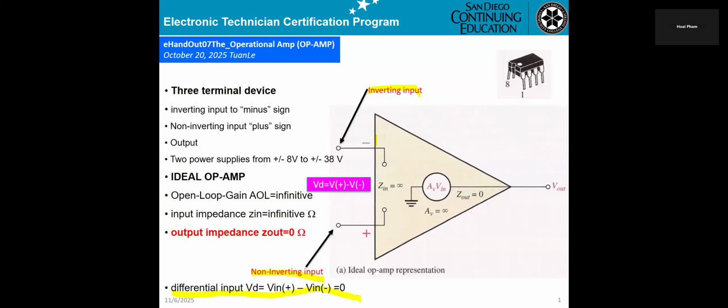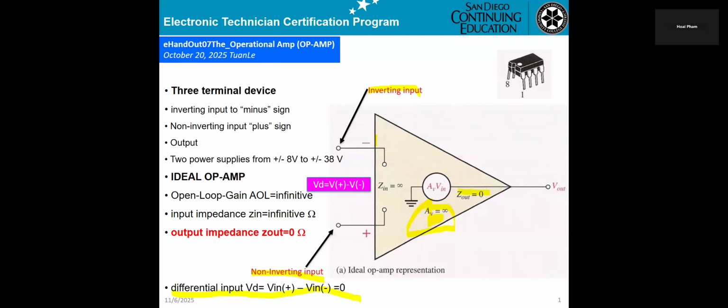And in the output, you see what they want. They want the gain equal to infinity, and the output impedance, they want that to be 0.